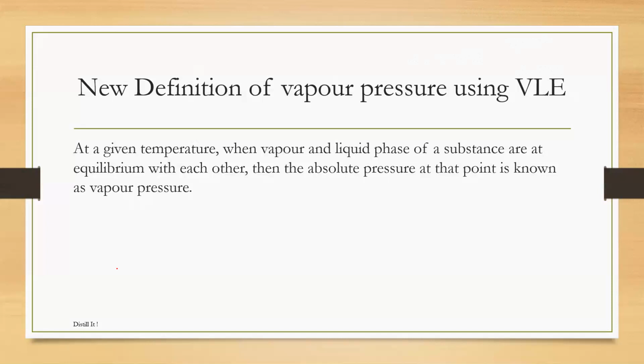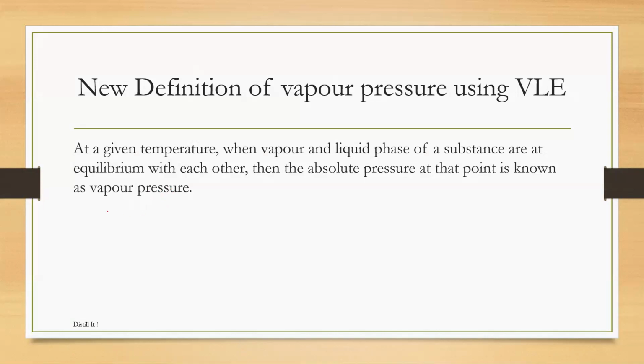Now, by understanding the concept of vapor liquid equilibrium, let's define vapor pressure using VLE. VLE is vapor liquid equilibrium. At a given temperature, when the vapor and liquid phase of a substance are in equilibrium with each other, then the absolute pressure at that point is known as vapor pressure.